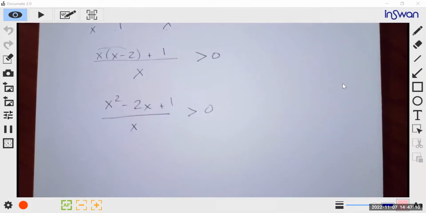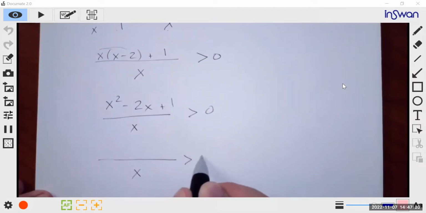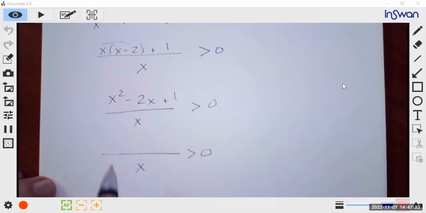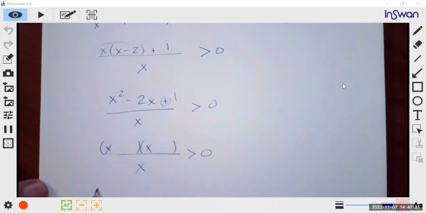Now what do? Always factor. Can you factor the top out? So it's x and x. The second sign's a plus, which means what? They're both the same.